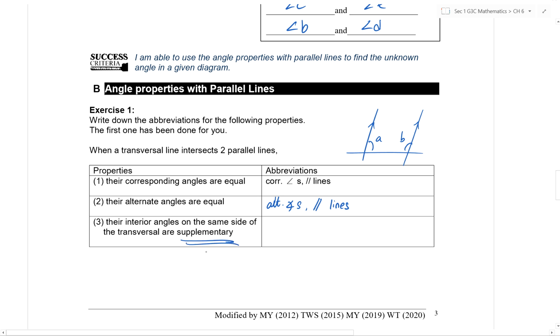And as shown in the earlier set of notes, supplementary means that the two angles add up to 180 degrees. So in other words, A plus B equals 180 degrees. And whenever we use this relationship, we need to write down the reason. And the reason is interior angles, parallel lines.